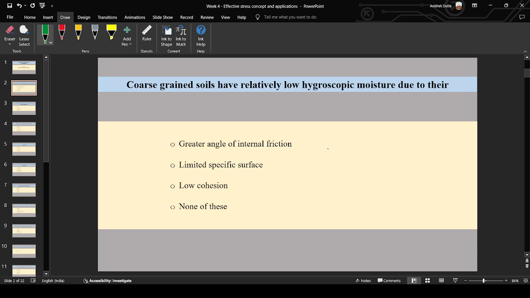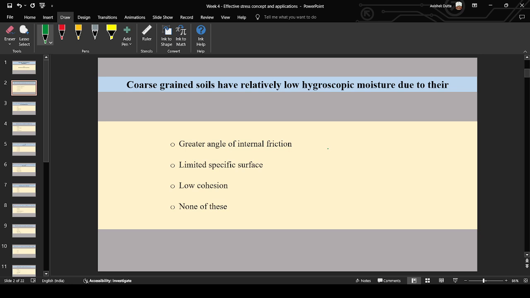So if a particular soil mass has particles of greater size, then in one specific mass, if the mass is constant, it will have a lesser number of particles. I have mentioned this in the last class also, I think. So larger the particle size, lesser the number of particles. So specific surface is less in the case of coarse grained soils.